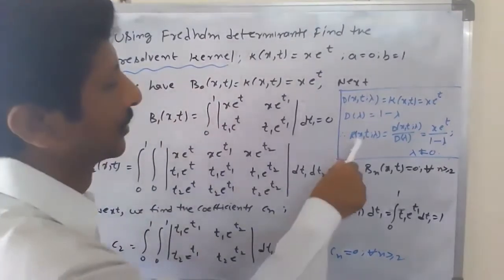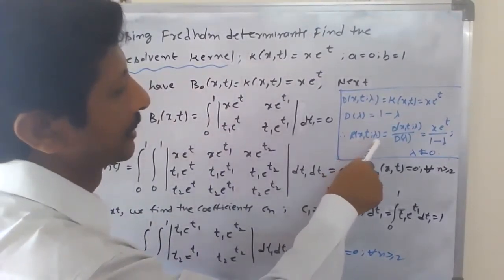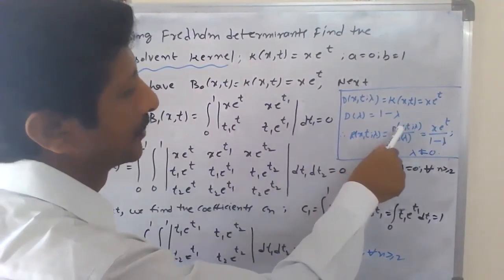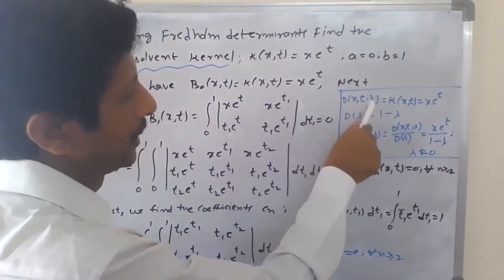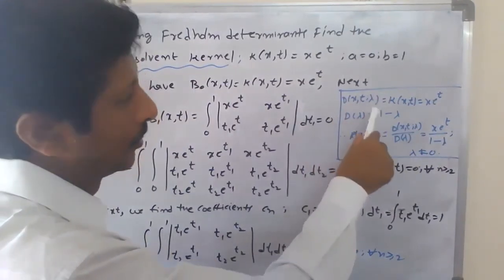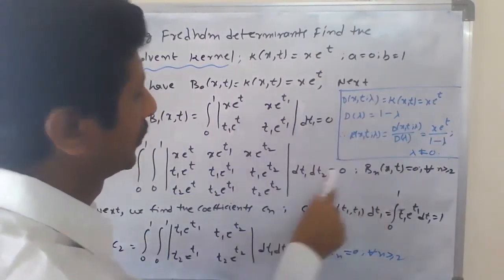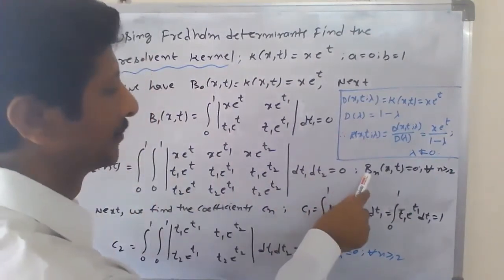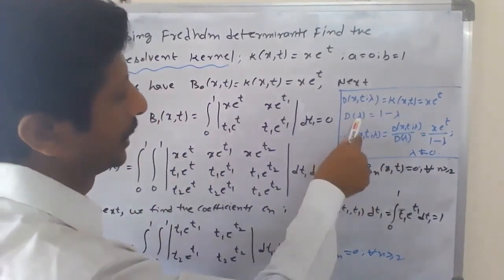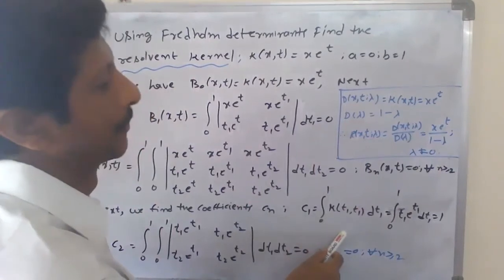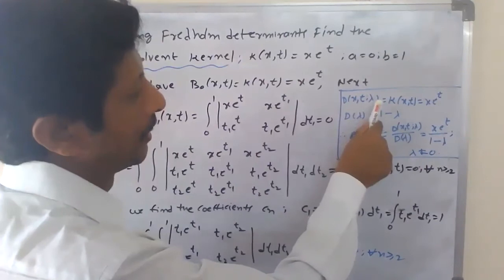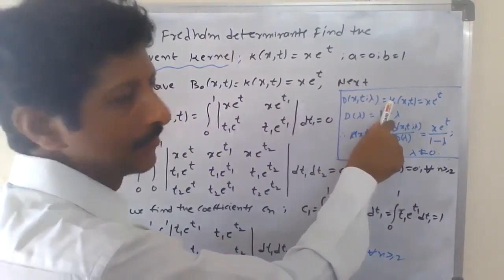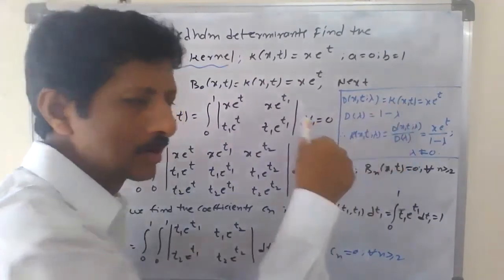Now our job is to find the resultant kernel R of x comma t comma lambda. For this we need D of x comma t comma lambda and D of lambda. In the formula for D of x comma t comma lambda, we put in the values of Bn, and in D of lambda, we substitute the values of C1, C2 and so on. With that, D of x comma t comma lambda will be just k of x comma t, which is x e to the power of t, and the other terms in the summation will be 0.